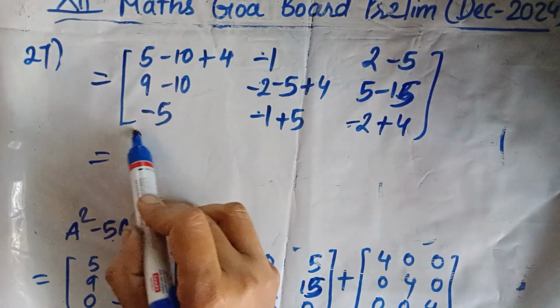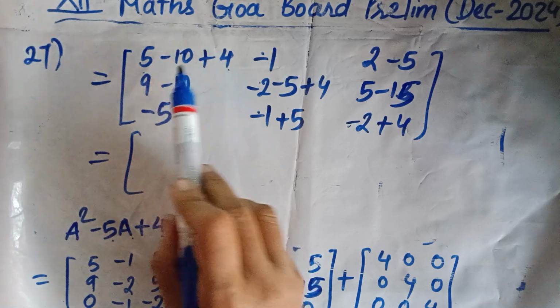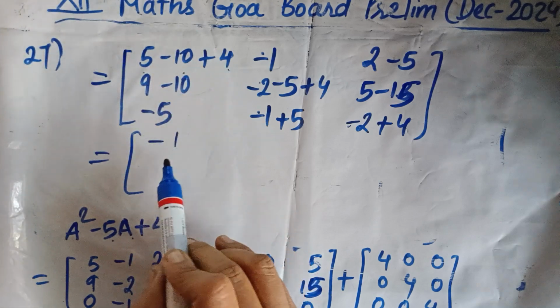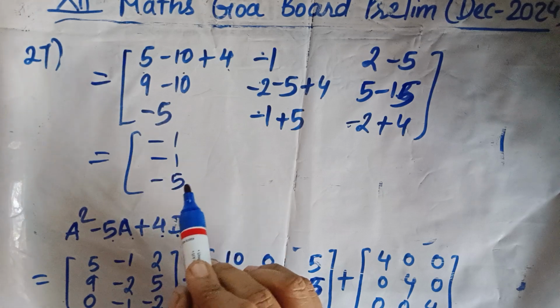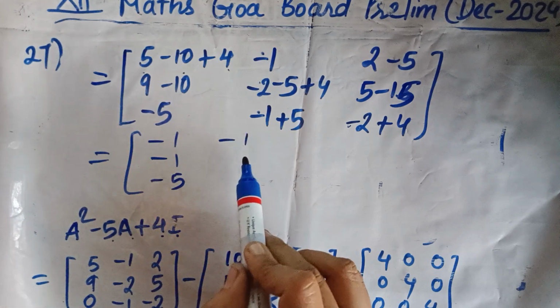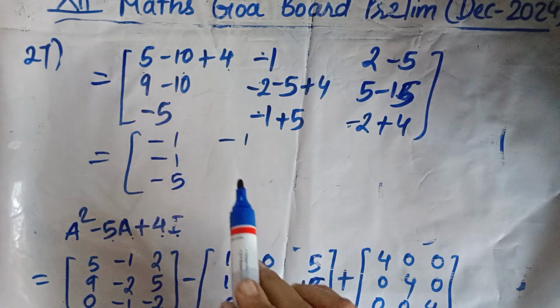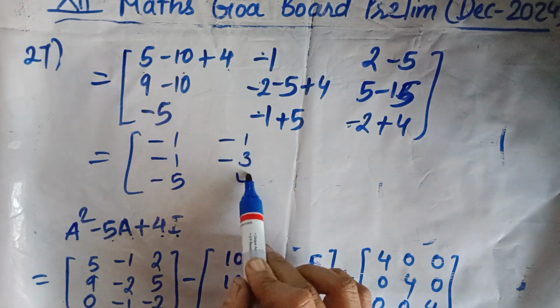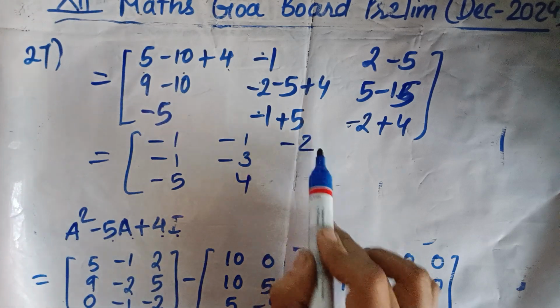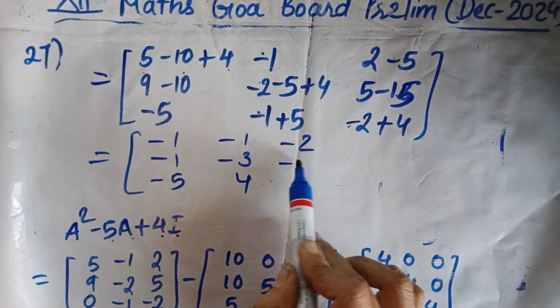Okay, so this is 9 minus 10, 1, minus 1, minus 5, minus 1, minus 3, 4, minus 2, minus 10.